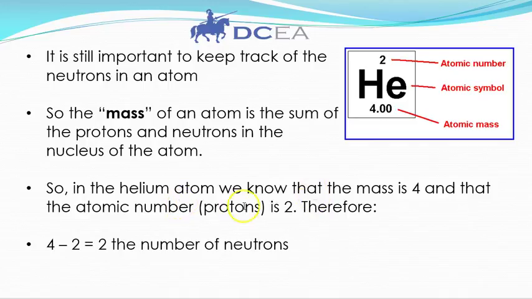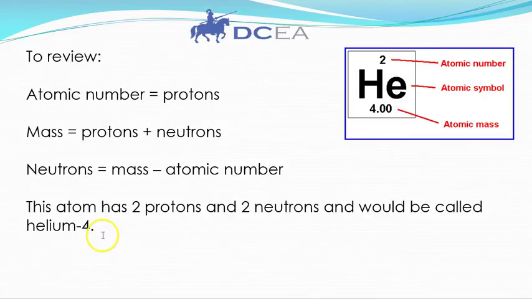So if we know that the mass is 4 and the atomic number, or the number of protons, is 2, we can say that 4, the mass, minus the number of protons, which is 2, equals 2, which is the number of neutrons. So even though we don't state it on the chart, we can figure out how many neutrons there are.